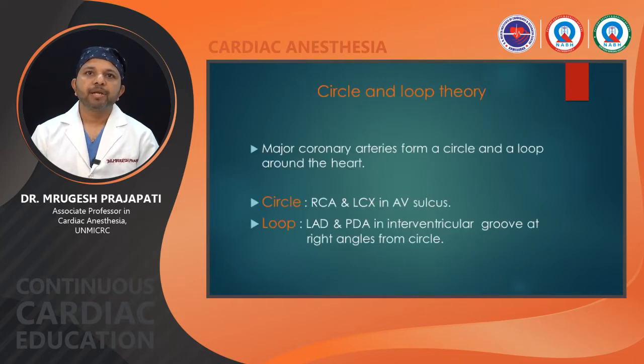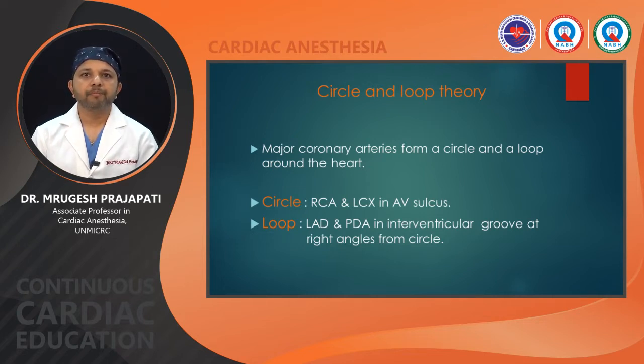The major coronary arteries form a circle and a loop around the heart. The circle is made by the right coronary artery and left circumflex artery, which run in the atrioventricular groove and form a circle around the heart.